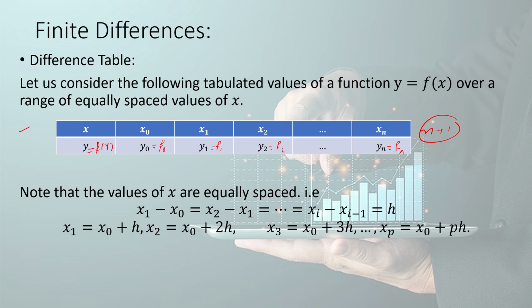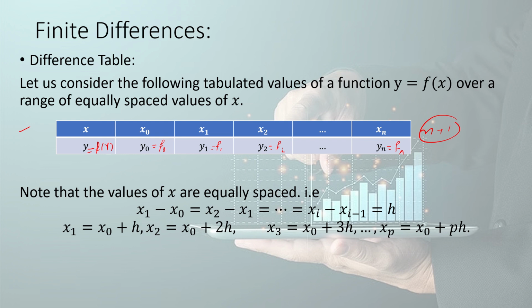That basically means the difference between x1 and x0, x2 and x1, must be the same, and we can represent that by h. In other words, we can write the values of x, the second value, the third value, the fourth value, and the last value, in terms of the first value x0. It's just like an arithmetic progression.